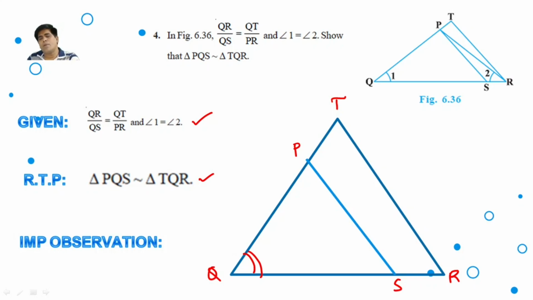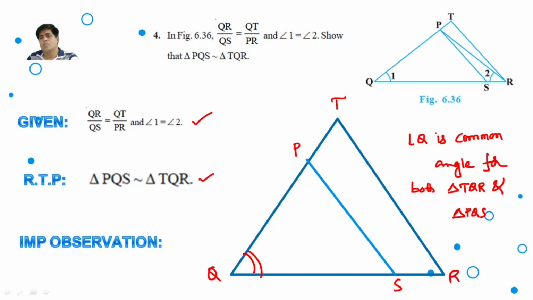So my first observation is that angle Q is a common angle for both the triangles, TQR and PQS. So I can write angle TQR is the same as angle PQS.